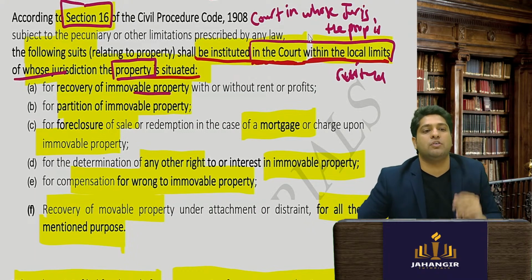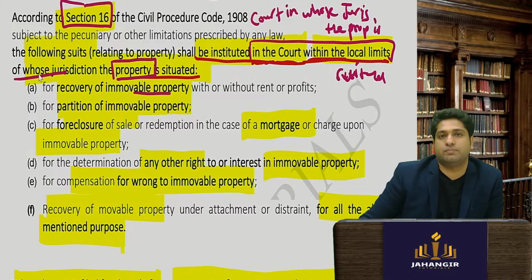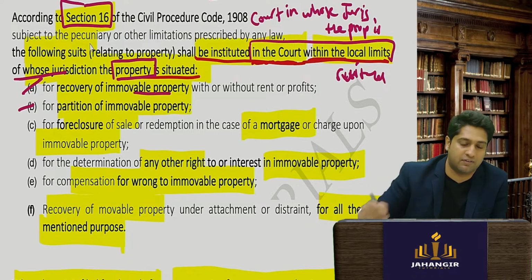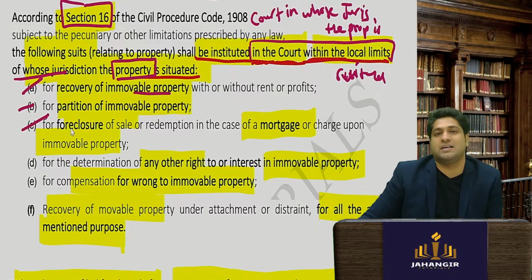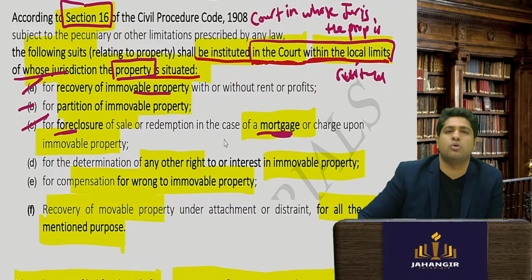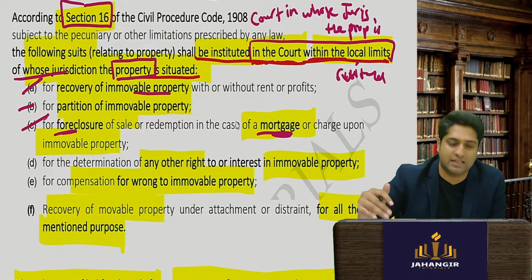What kind of property disputes can there be? Partition of the property: two brothers are saying I want to split the bungalow. Recovery of immovable property: the property is in possession of someone else, I want to recover it. Foreclosure: a bank has not got its money, so it will ask for foreclosure of the mortgage. Foreclose means to close the mortgage by selling the property.